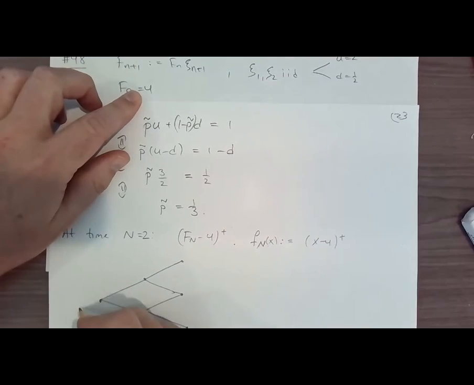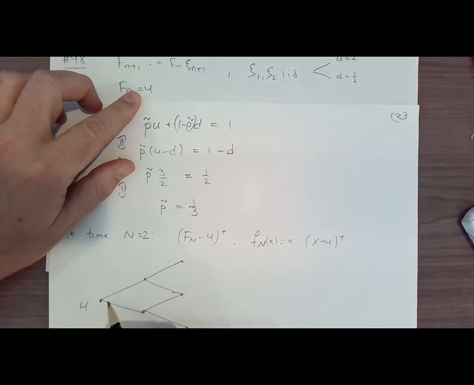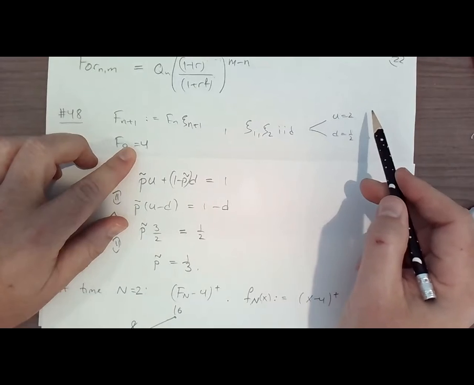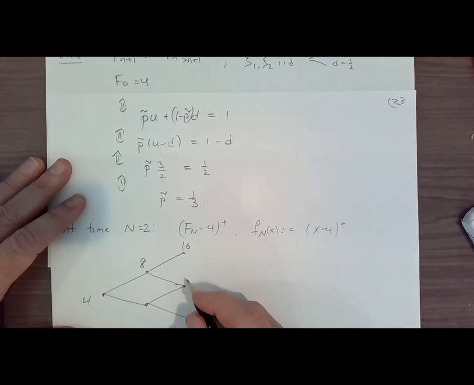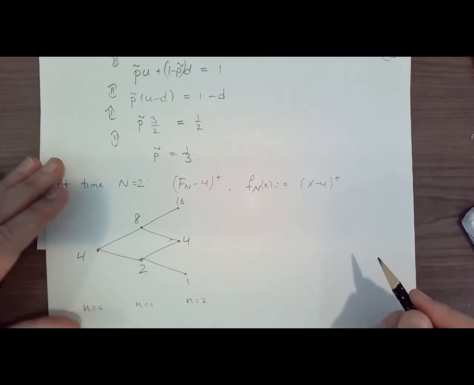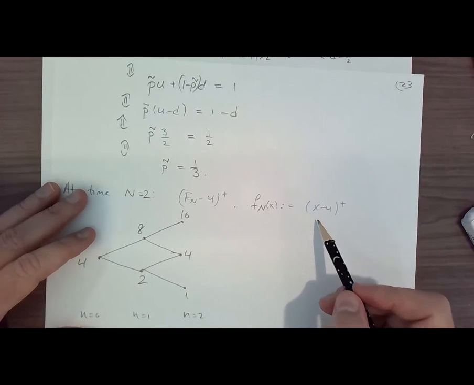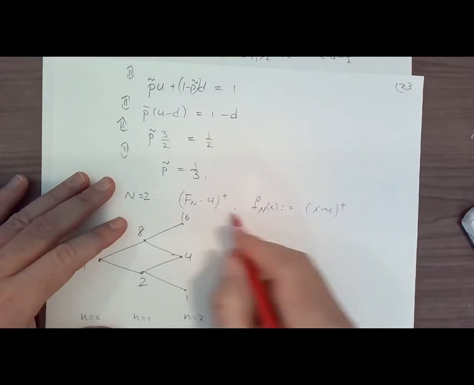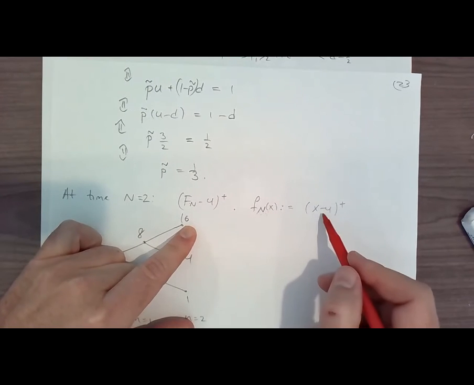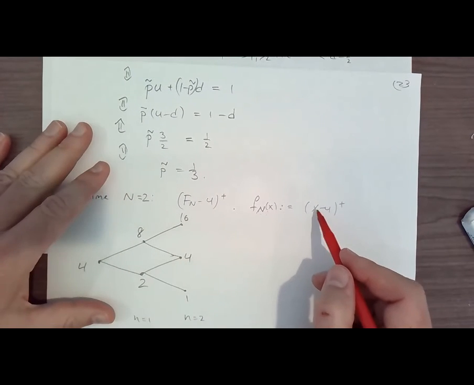So you can go from 4 to 8 to 16. You can go up and then down, and you can go down, down, and down. So the payoff here would be at the end, right? It'll be fn. Then you have to have 16, 4, and 1 instead of x here.